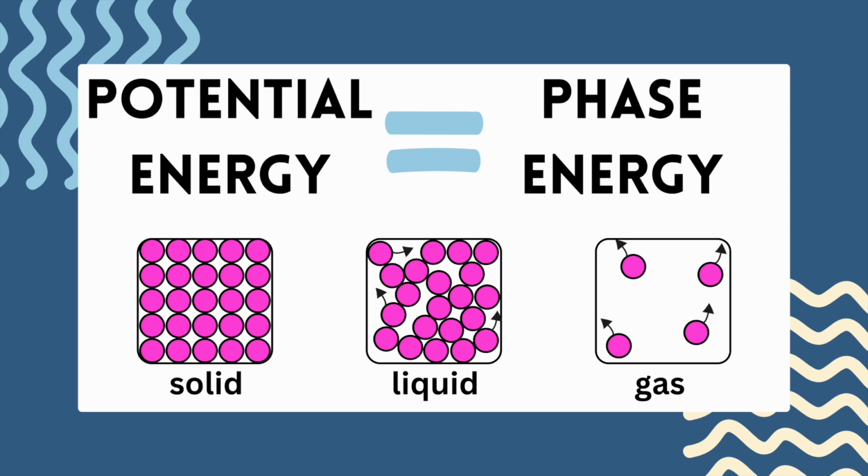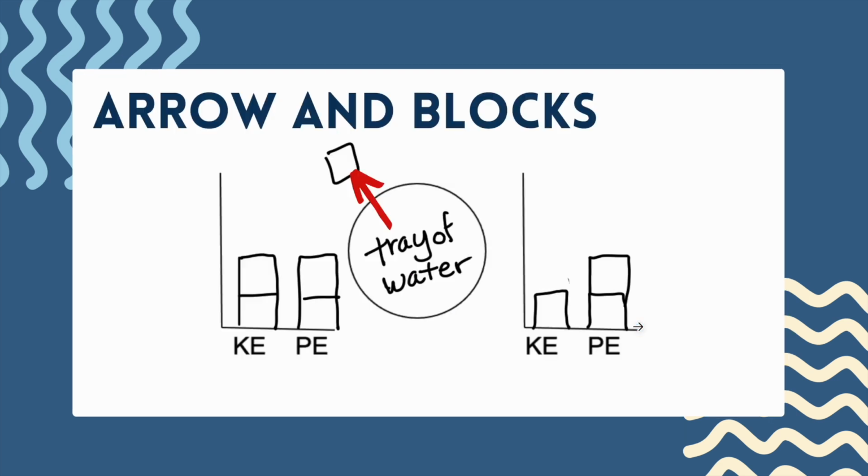In other words, as particles are more tightly bound or more attracted to each other, the energy of the system decreases. Solids possess the least amount of energy in this account, followed by liquids, and then gases have the most amount of energy. Okay, so potential energy is phase energy, lowest energy is the solids, most energy is gases.